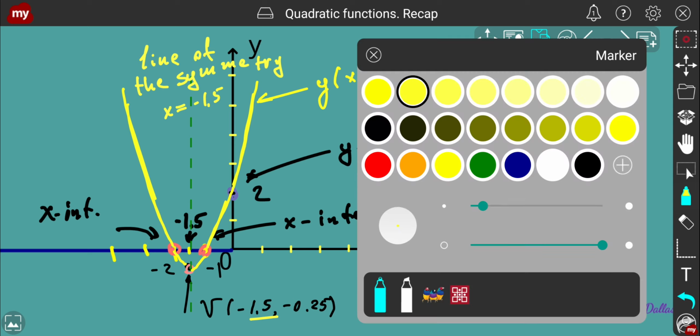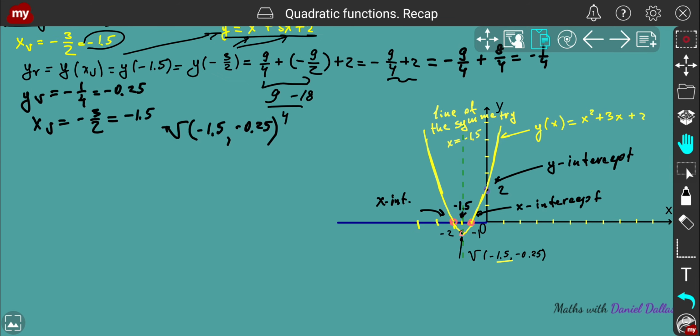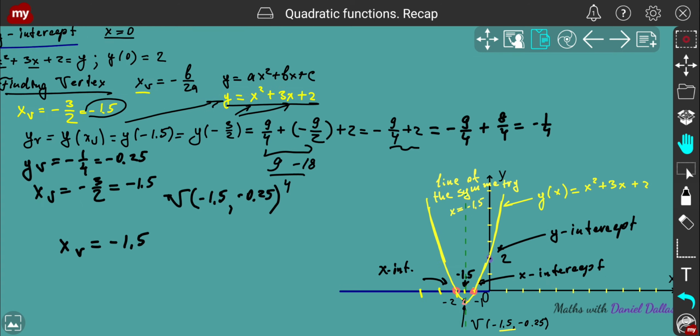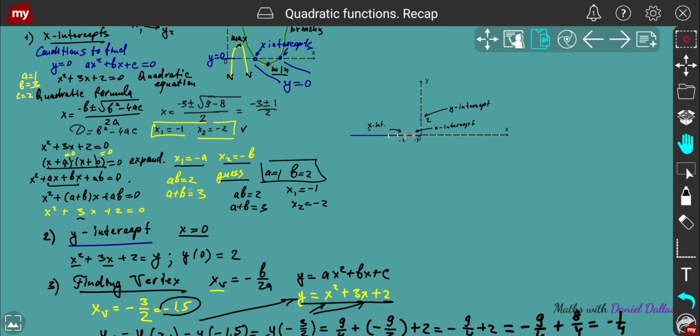As you noticed, now let's do some more advanced analysis a little bit. As you notice, your x vertex coordinate negative 1.5 is actually exactly in between both x-intercept points. So let's remember, before we found the x-intercepts, and they're negative 1 and negative 2.